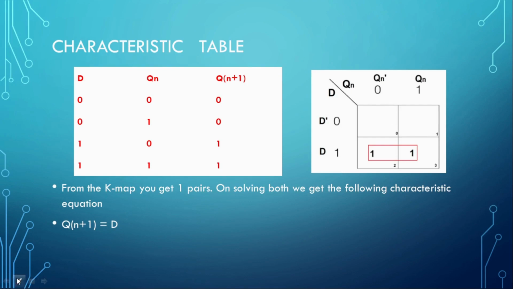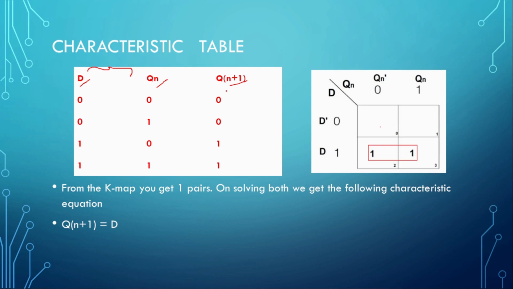Characteristic table of D flip-flop. This is D, 1 input, and Qn present state, Qn plus 1. You need to consider these 2 variables to draw the K map. 2 variables means there will be 4 cells, that is 0, 1, 2, 3.